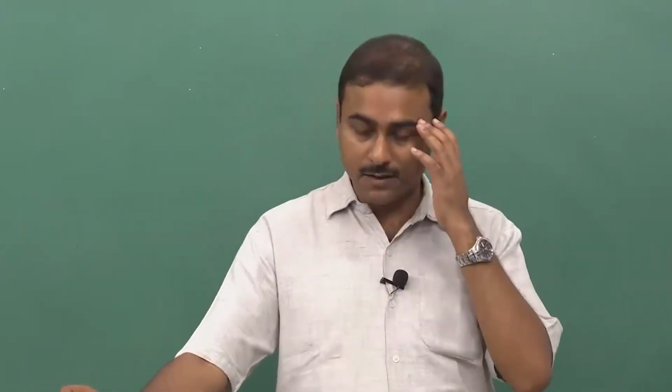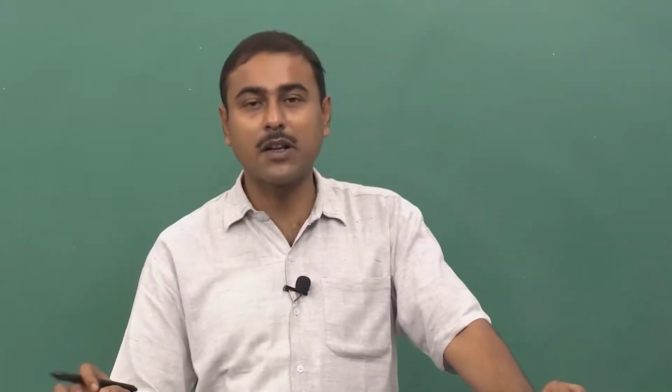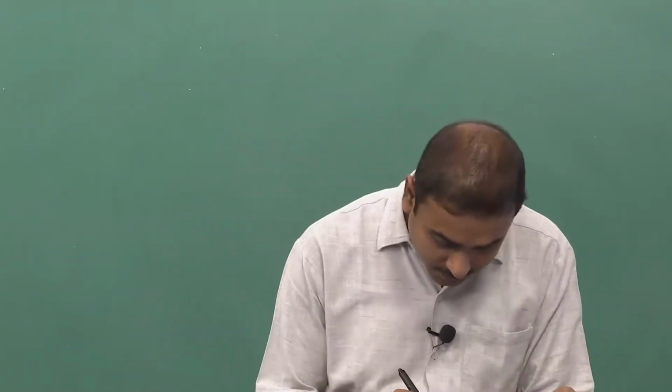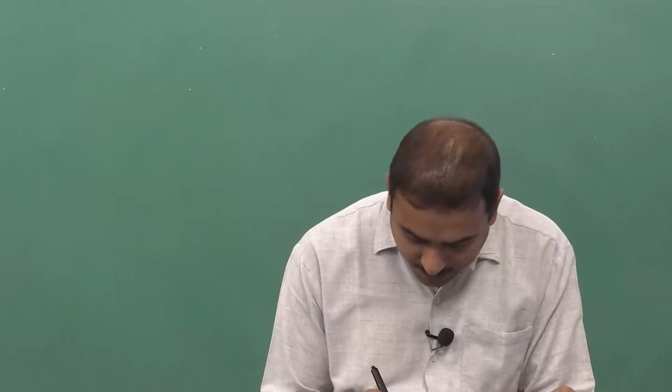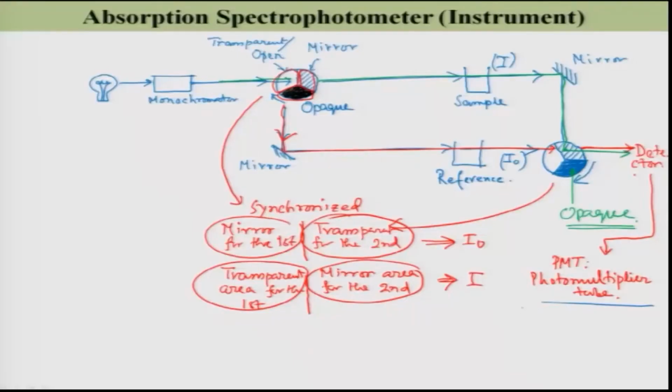This signal from the PMT is always present, and this is called the thermal noise of the PMT. So, the PMT always has thermal electrons giving you the thermal noise.